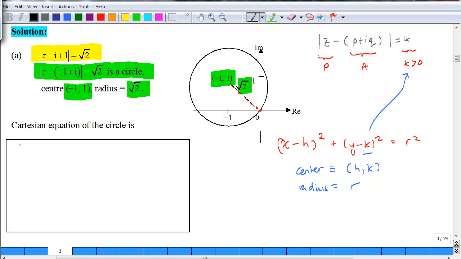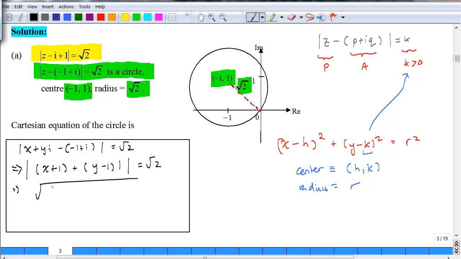The way to do it is to convert your z into the x plus yi form. Once you have done this, you group all the real parts together, applying the formula for modulus.